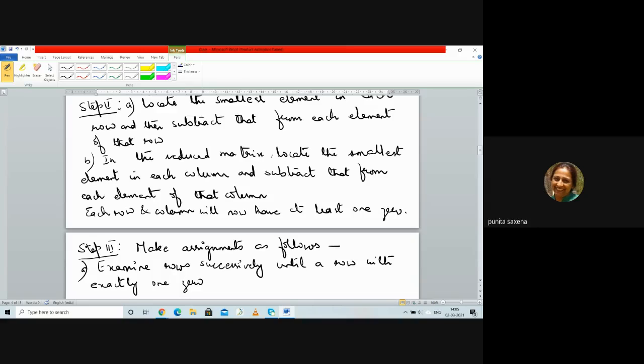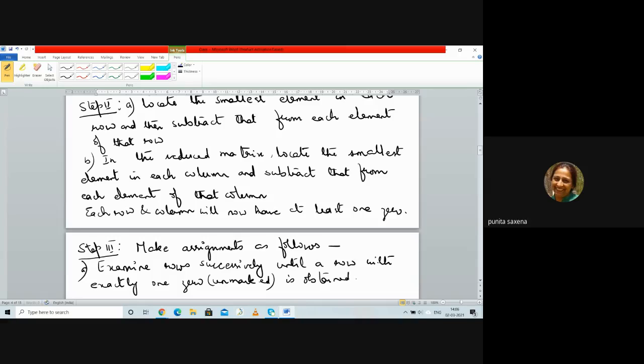Fine, no problems. But in case it doesn't happen in the first row, we go to the second row, we go to the third row, and so on and so forth. Till we get a row with exactly one zero. And this zero I'm writing unmarked. I mean, we have not marked the zeros as well. The moment we do the markings, it would be like assigning. Okay. So until one unmarked zero is obtained.